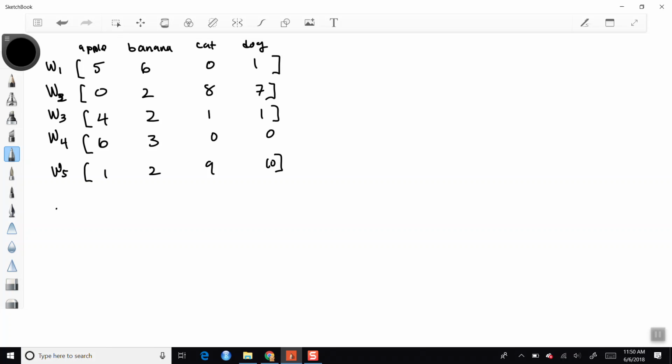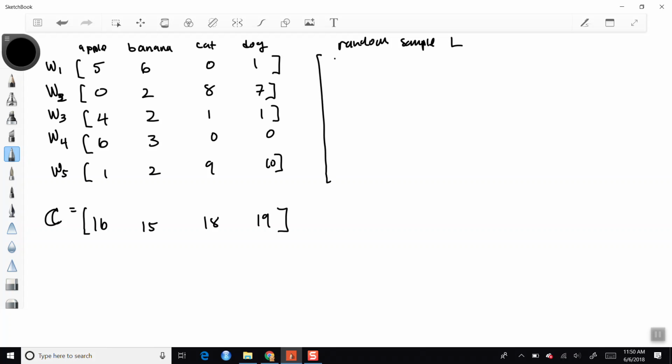So our corpus altogether is going to be the total number of words that we have. So we've got 10 and 16 and 6, 12, 15 and 18 and 19. Currently, we'll start off with a random sample of L, and let's just randomly sample, and let's say these were labeled 1s and these were labeled 0s.